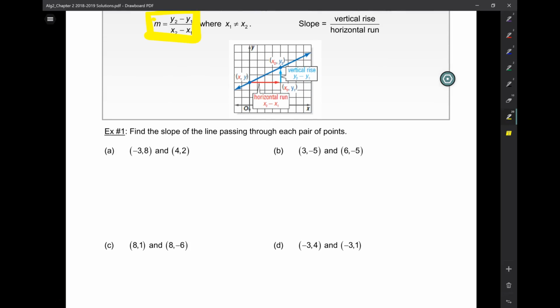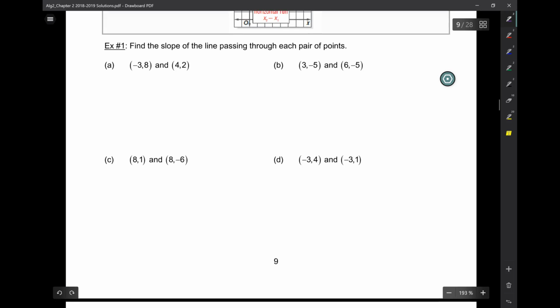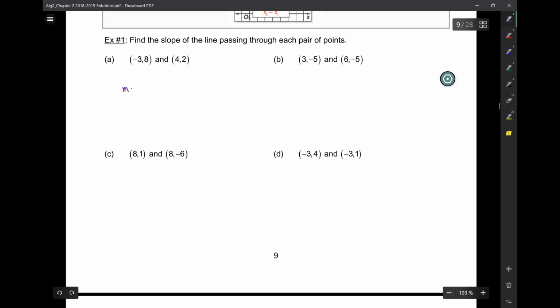Okay, so let's take a few minutes and find the slopes here, right? So I'll do that first one. The minute I see a problem like this, I immediately go in and label x1, y1, x2, y2, right? And we're going to do this without a calculator, because remember your quiz is going to be no calculator altogether.